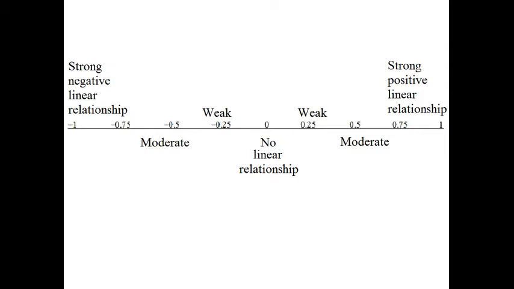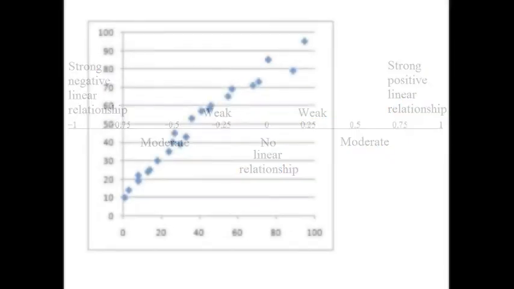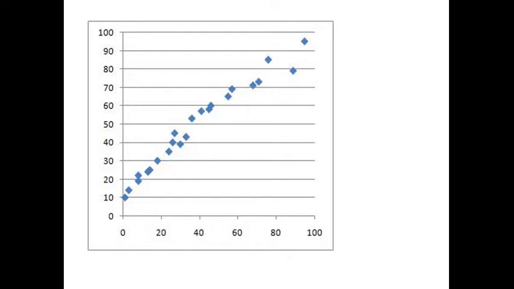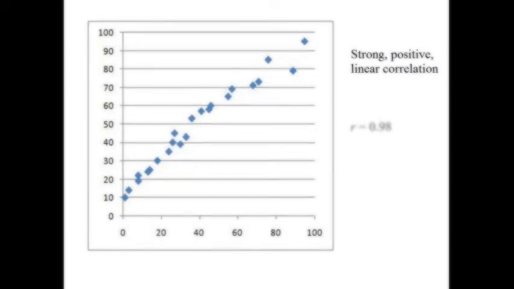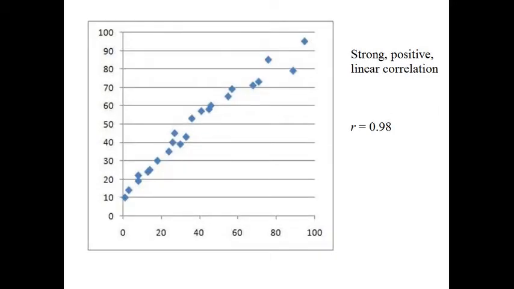In between, we would say that the correlation is moderate. So let's practice identifying correlations. Here are some correlations I generated in Excel. This first example is positive and close to a straight line, so we would classify this relationship as a strong positive linear relationship. In fact, for this example, the correlation coefficient R turns out to be 0.98.